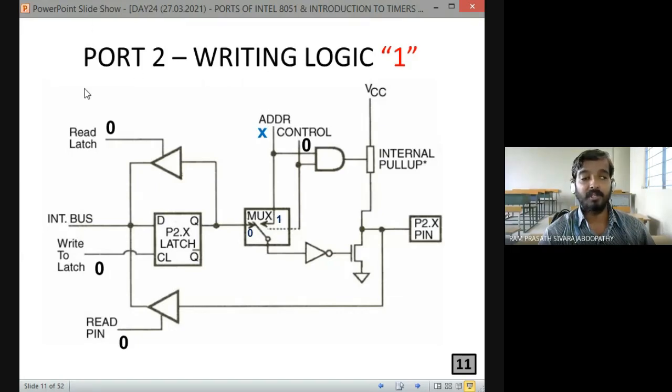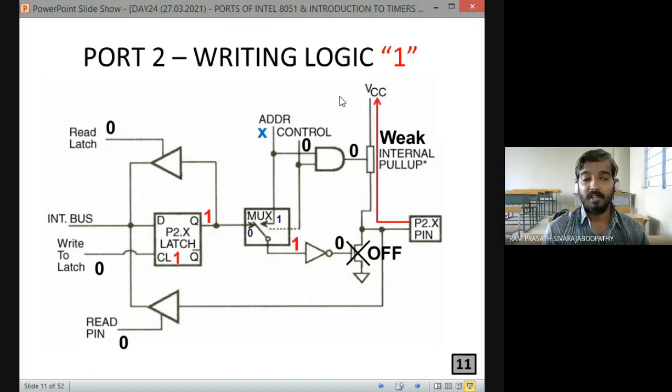Port 2 carries the upper 8 bits of the address. So it is going to work as a weak internal pull-up. We are writing logic 1, so the write to latch signal gets enabled and it gets stored. The output of the NOT gate becomes 0. So what about the condition of the transistor now? Yes, off state. So it is an open circuit. So we have a weak pull-up.